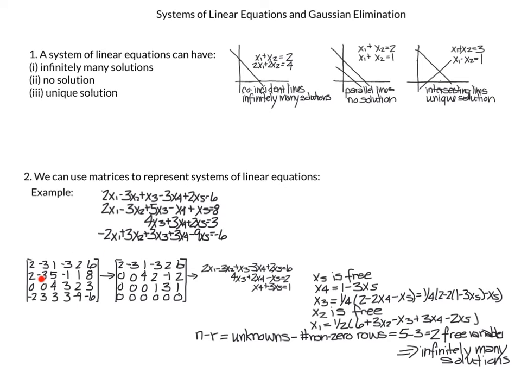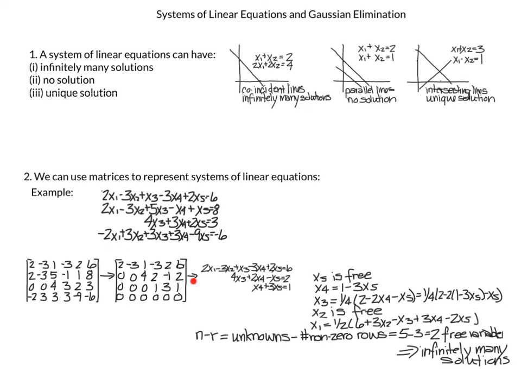So the augmented matrix is 2, minus 3, 1, minus 3, 2, 6. The second row is 2, minus 3, 5, minus 1, 1, 8. The third row is 0, 0, 4, 3, 2, 3. And the last row is negative 2, 3, 3, 3, negative 9, 6.